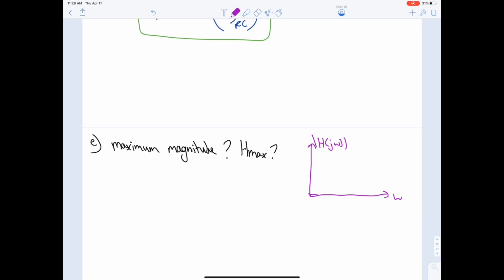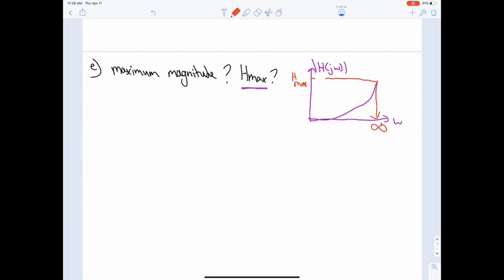And this is a high pass filter, so it will look like this. Now, in order to find H max, it's the y, so we need to substitute in the x value. What is the x? It's infinity. And the parent of the H max is the magnitude, so we will need the magnitude first. What was the magnitude?